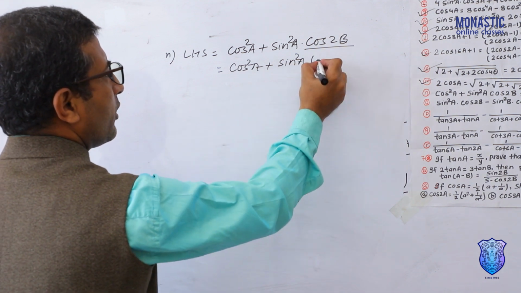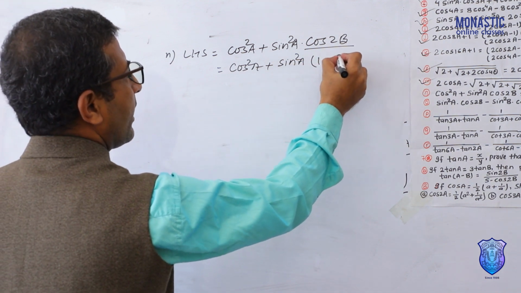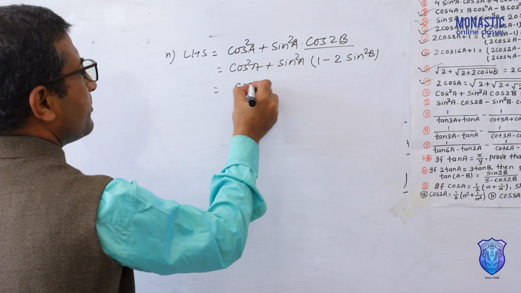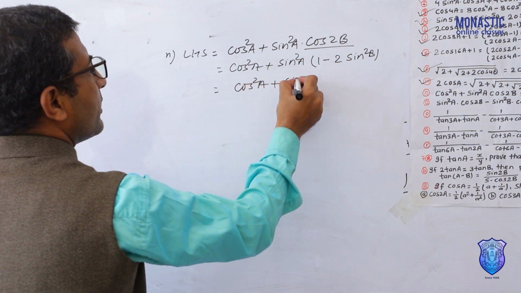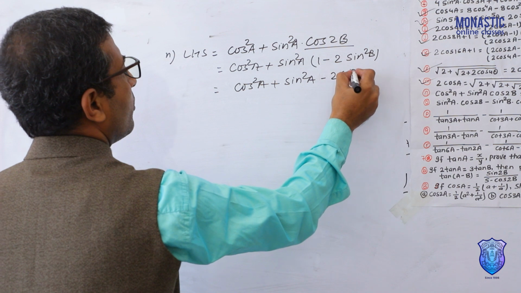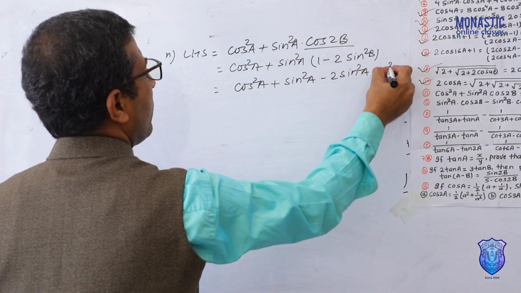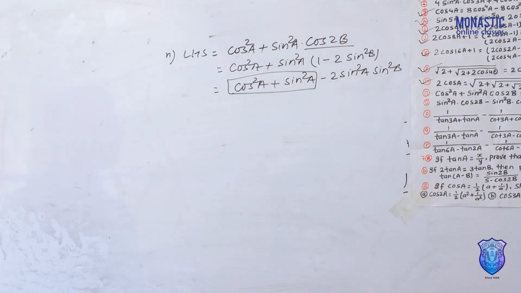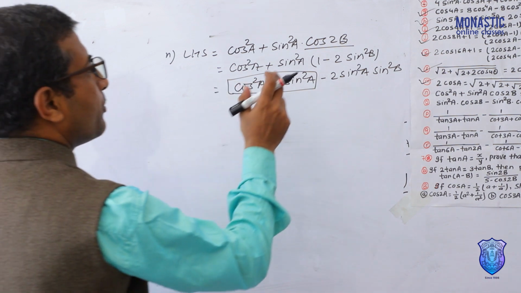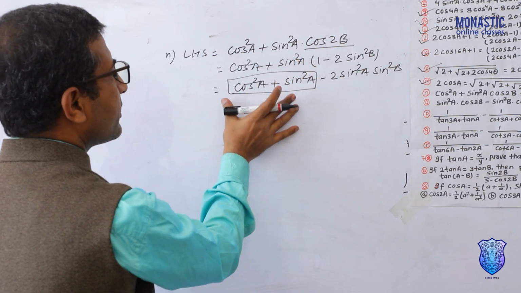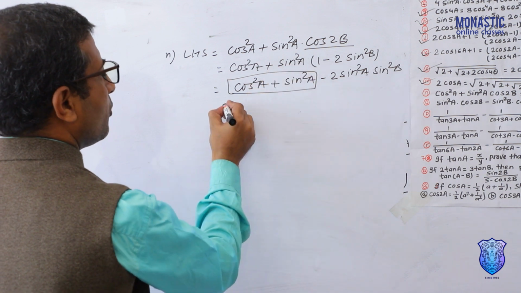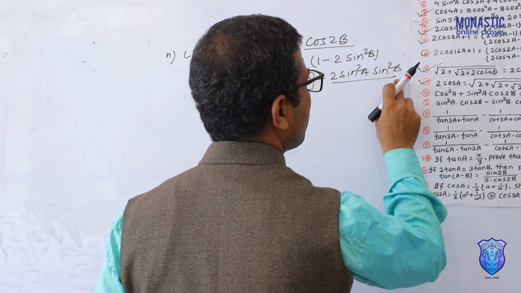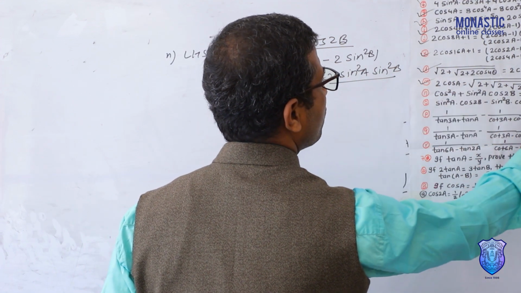I will use such formula like I have written 1 minus 2 sine square B. Question arises why? When you do the multiply, the result what you obtained, look there, cos square A plus sine square A become 1. That's why I will prefer such formula so that after the separate part, these two became 1. But here, we want sine square B, but we want cos 2A.